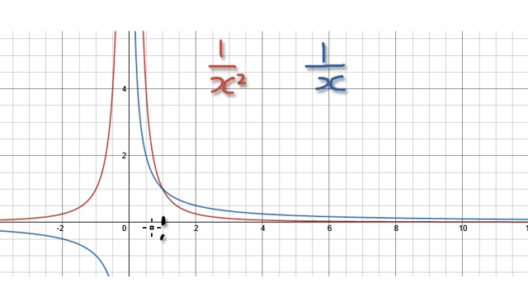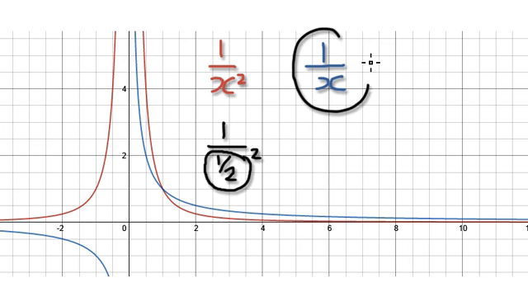So 1 is here. Let's say 0.5. Well, let's just use a half. Let's put a half into this thing here. So you've got one number, the number 1, divided by another number, and then you square it. And for this one here, when you put a half into there, it will look like this.